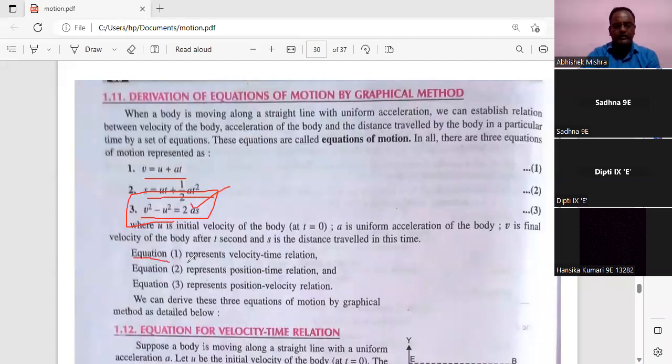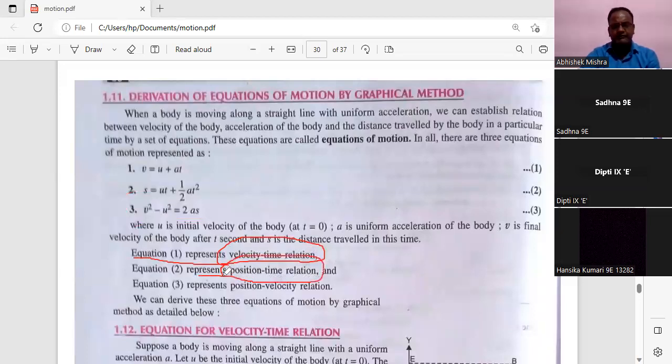Now, equation 1, V is equal to U plus AT, gives us the velocity time relation. Equation 2 represents the position time relation.